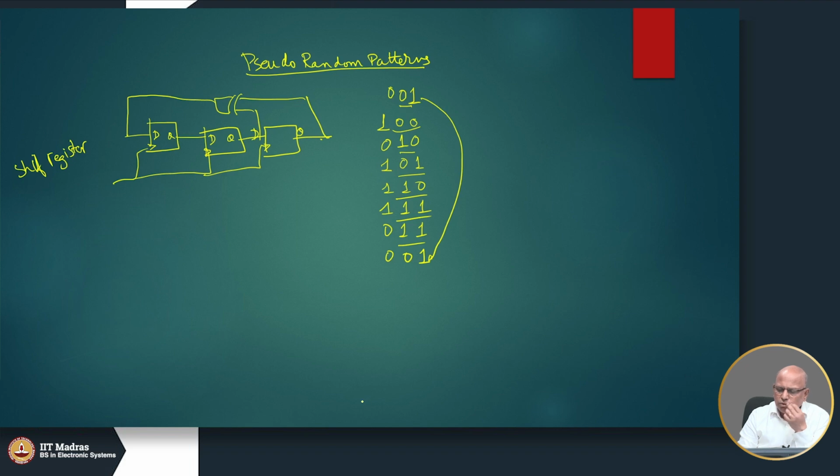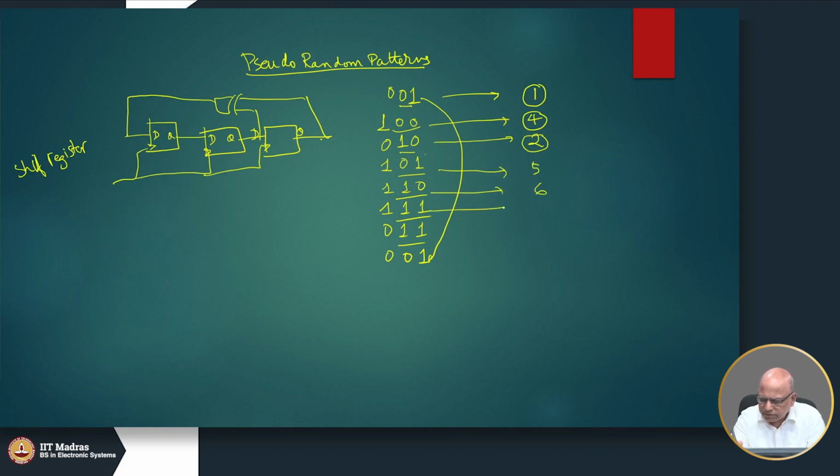If you look at the transitions that are happening here, suppose we refer to 0 0 1 as state 1, this is state 4, 1 0 0, this is state 2, this is state 5, this is state 6, state 7, state 3 and finally state 1.